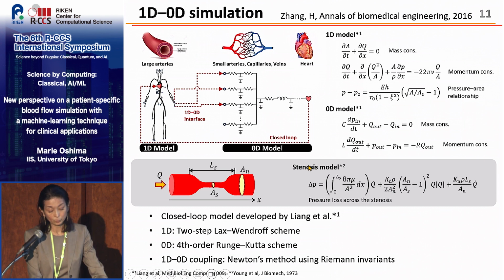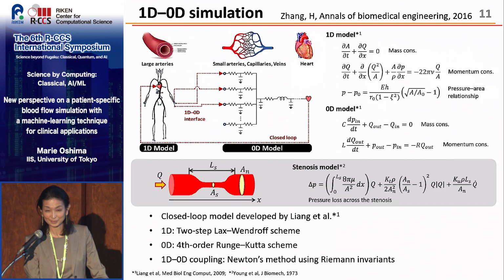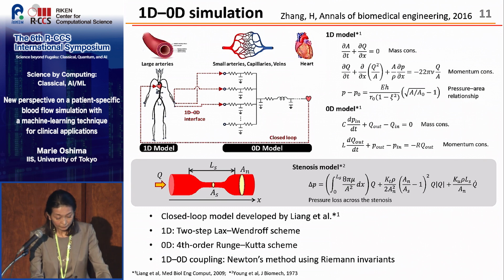And since we deal with stenosis, we use a model for stenosis. The 1D simulation cannot deal with the separation caused by stenosis. That's why we use a 0D model to express the separation.